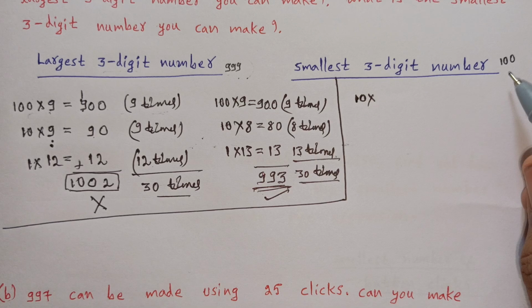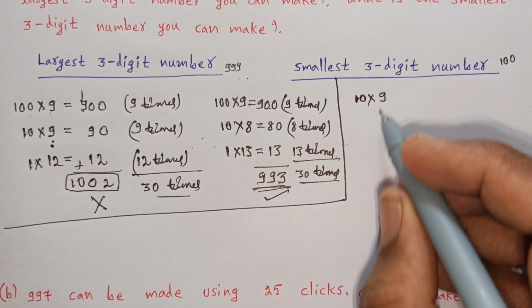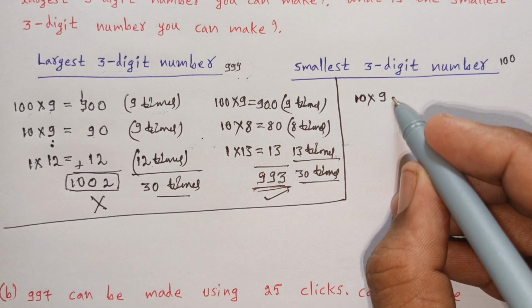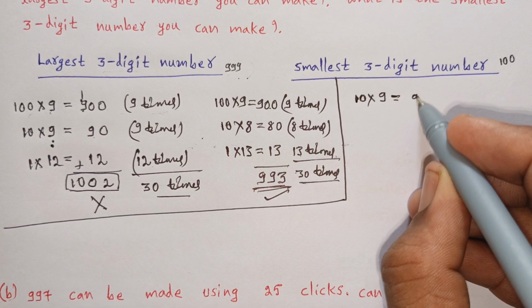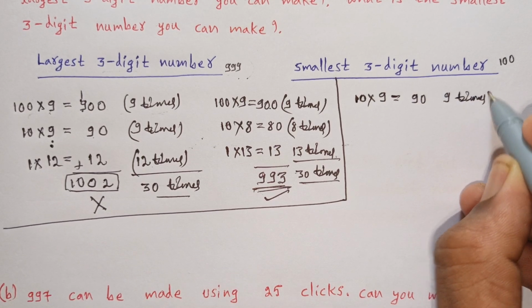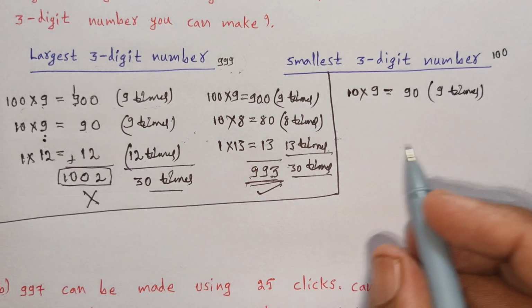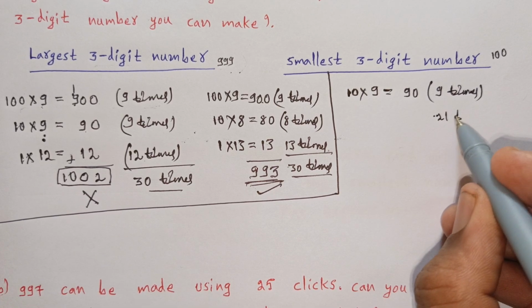But is it possible or not? That we will see. So for that, I am taking the 10 button and pressing that 9 times. So 10 into 9 how much? 90. So here 9 times are covered already. Next, remaining is how much? 30 minus 9, 21.